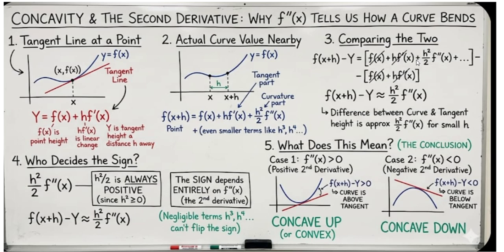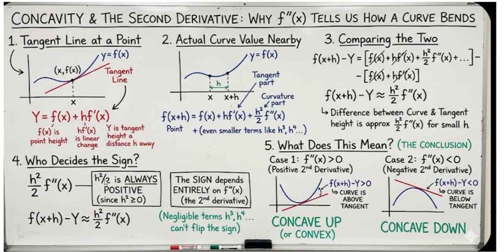Only h square by 2 into f double dash of x remains, plus some terms that we are going to neglect because their contribution is very small. This will decide whether the curve is concave up or concave down.